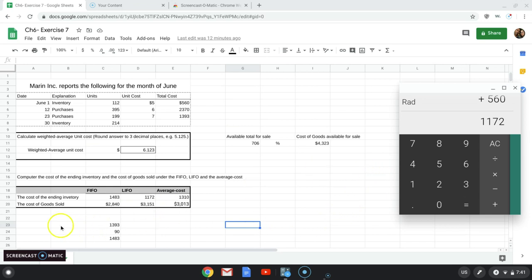Now, how are we gonna find the cost of goods sold under LIFO?